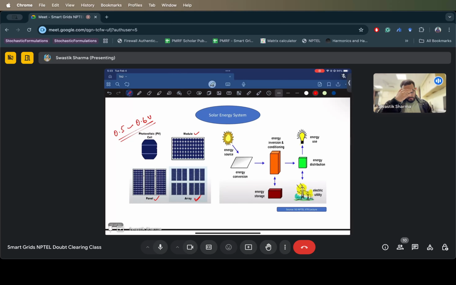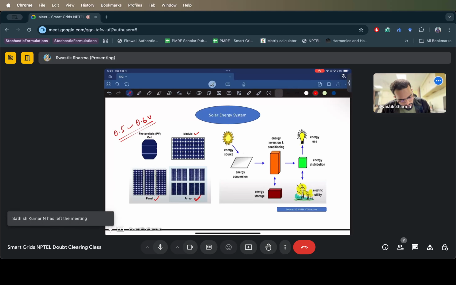So how does it work? From the solar, we get solar energy, which is irradiation energy. We convert this energy by striking it on the PV cell.